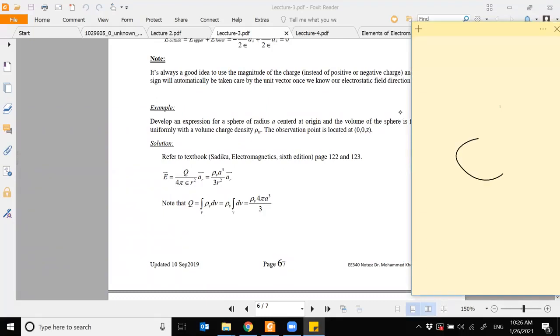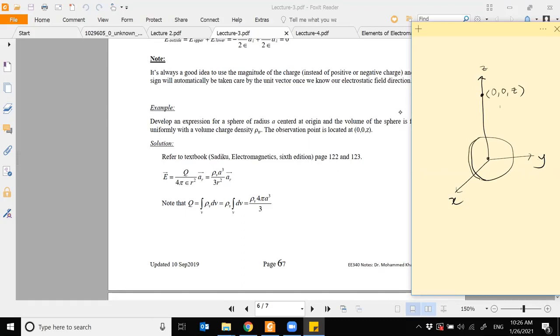So you have now a sphere. Let me use this as X, this as Y, and this as Z. And now my observation point is here, which is 0, 0, Z. And we need to find the field.